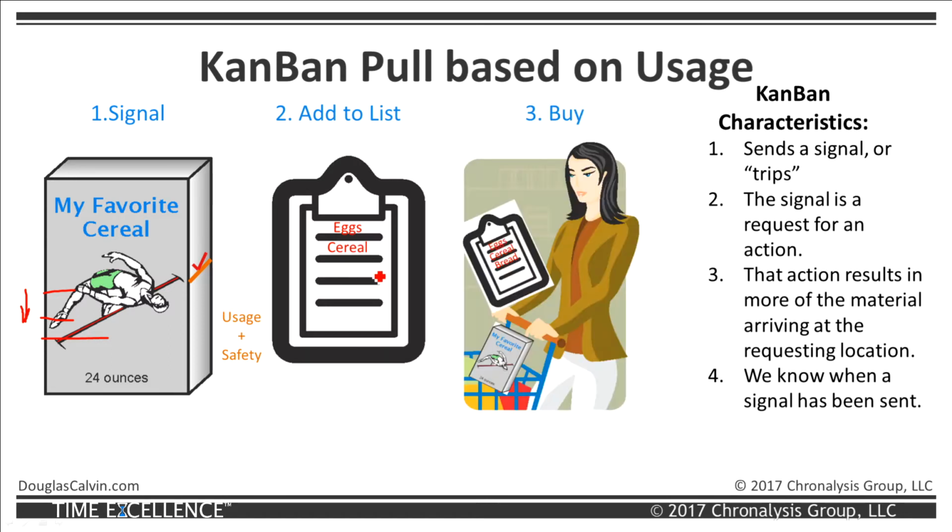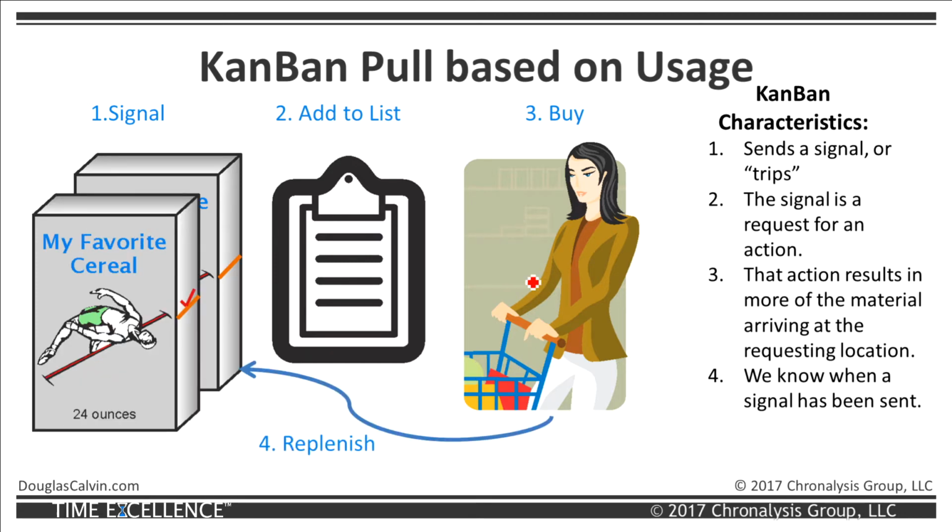Well, when it comes time to shopping, we take that list and we go buy the material. We buy the eggs, we buy the cereal, and bread's on the list too, possibly by now. But the cereal is what we want to key on. And that purchase then should get back to our home in this example with a second box of cereal.